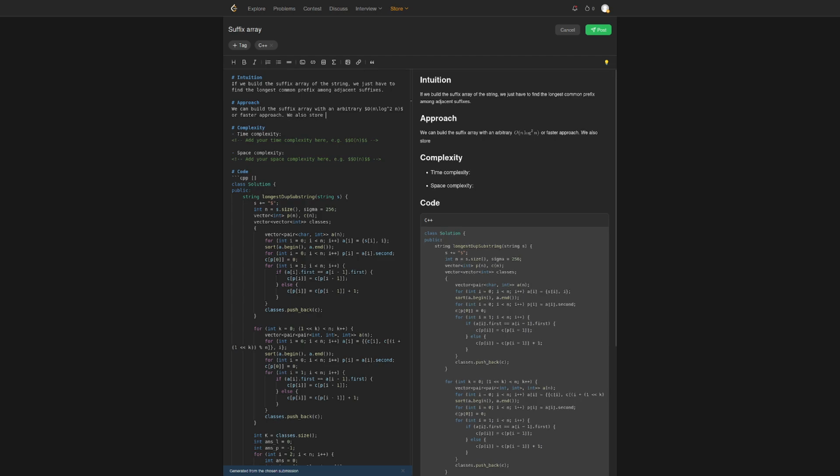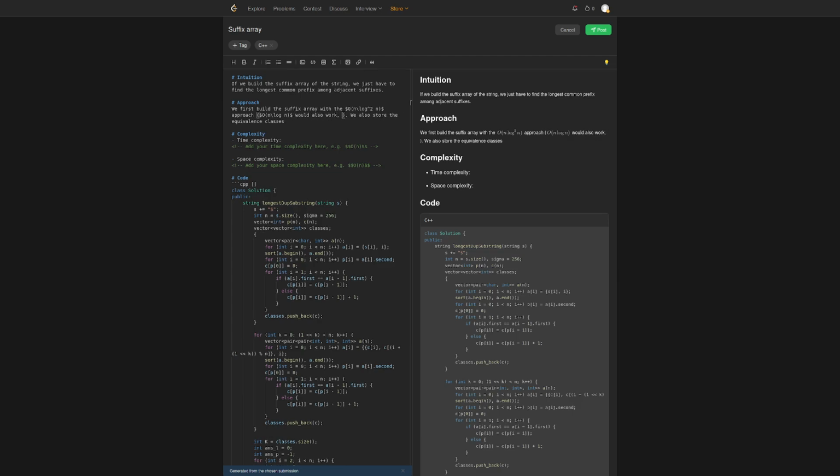We also store the equivalence classes. We first build the suffix arrays with the O(n log^2 n) approach. O(n log n) would also work.